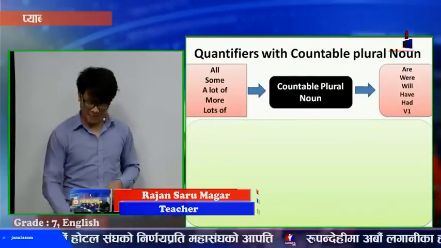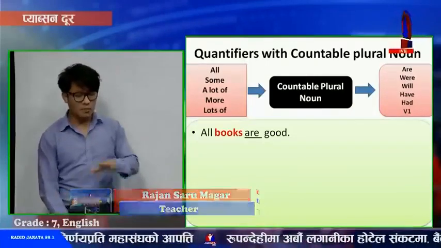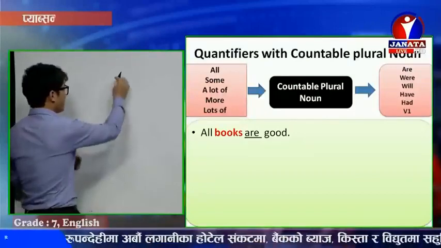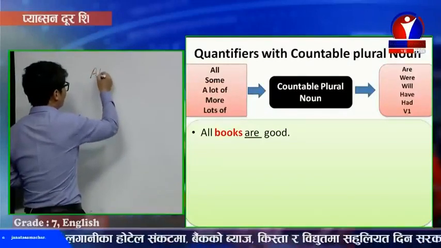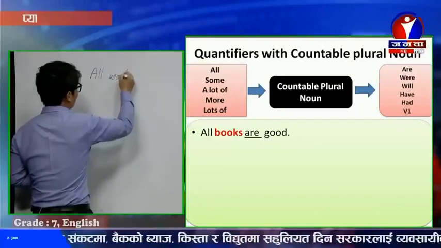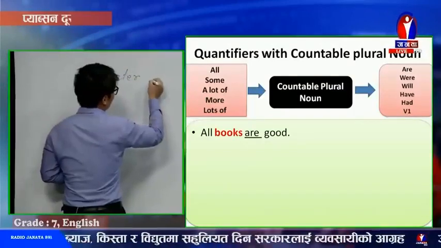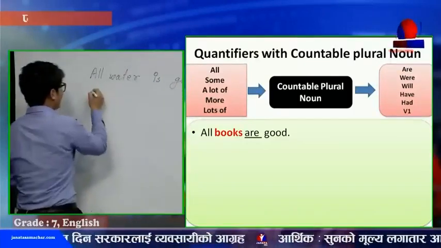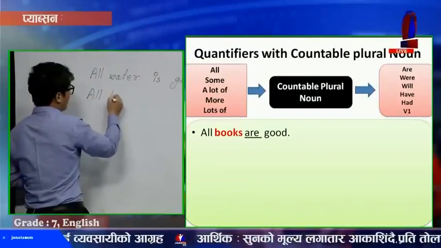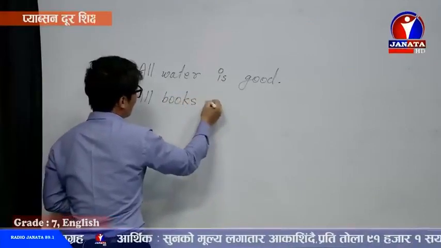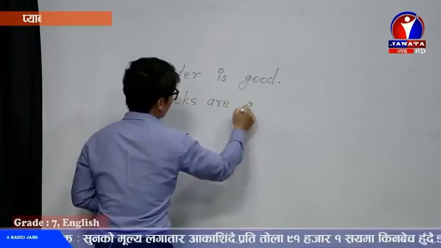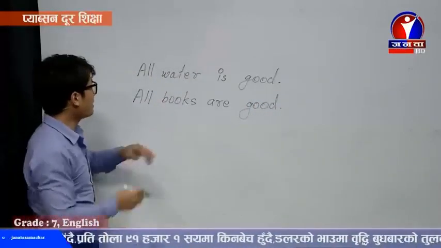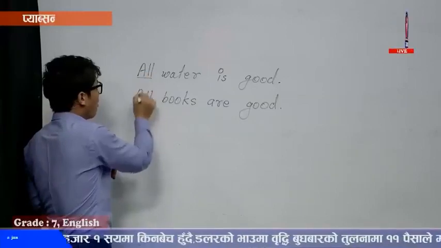So let's have an example. All books are good. Now, once again, let me show you. All water is good. Next, all books are good. Now you can see here, especially see the quantifier: all, the same.